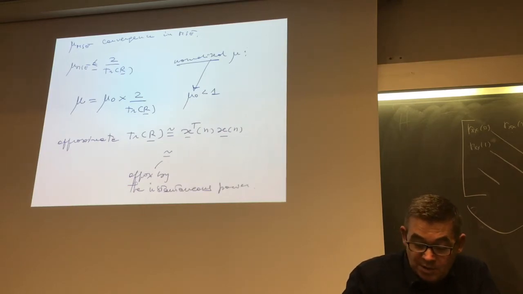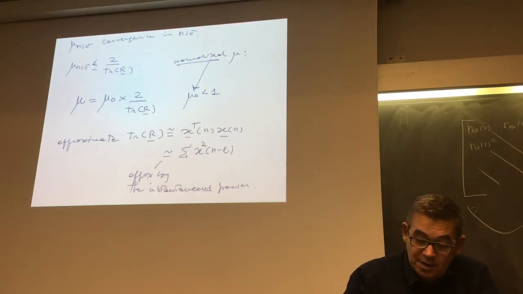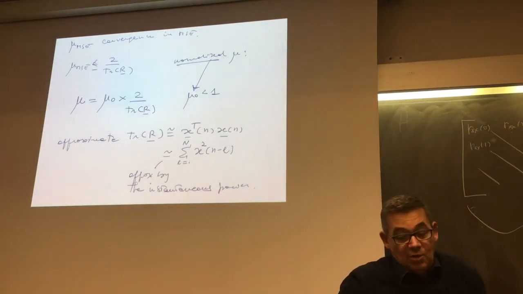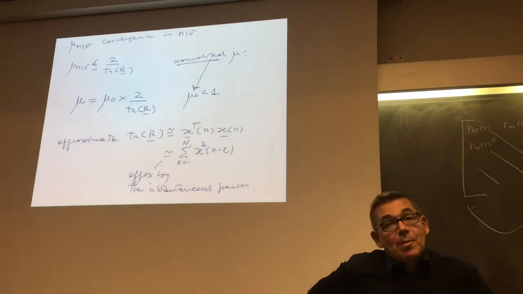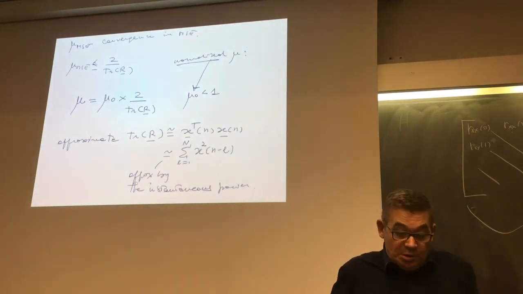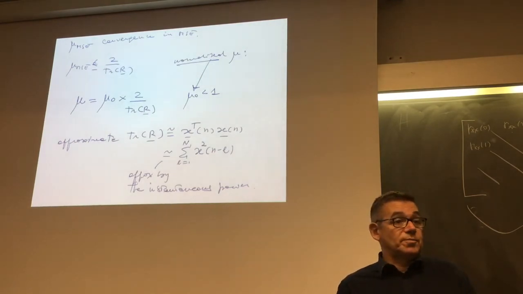The power, because it's a sum of x_n minus l squared, like in a linear predictor, with l going from 1 to n. And so we can implement it in this way by simply computing the mean of the square of all the signal.